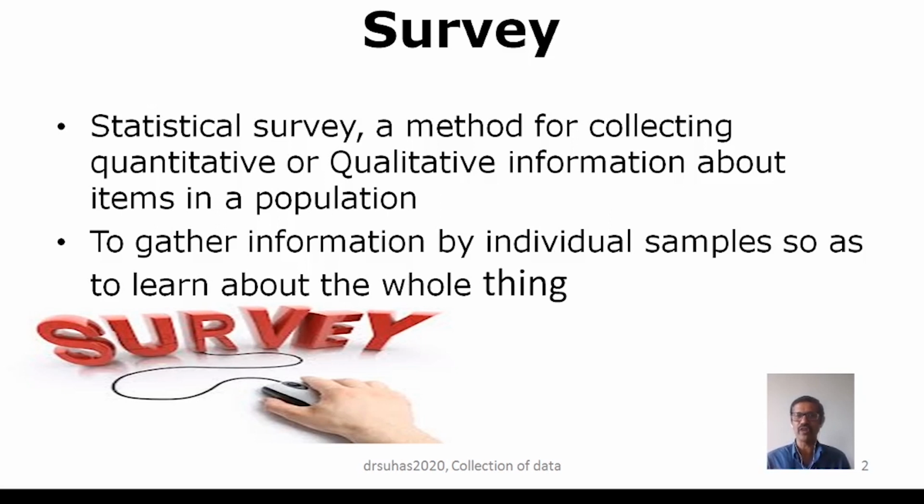The answer could be in the form of yes or no. When the question is in open form, like what is your experience of undergoing treatment in our hospital? What is your experience of taking a Panchakarma treatment? How did you feel about the quality of services rendered by the people in the hospital? This comes under open questions, where the respondent can give various answers.